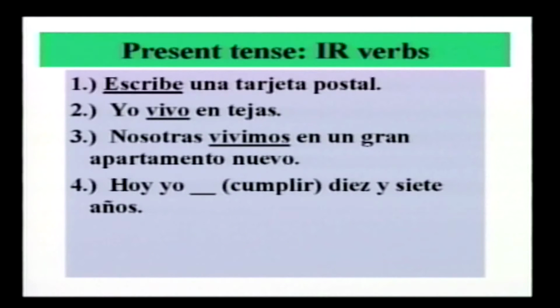Número 4. Hoy yo cumplir 17 años. Cumplir is to celebrate or to complete. So today I completed my 16th birthday.